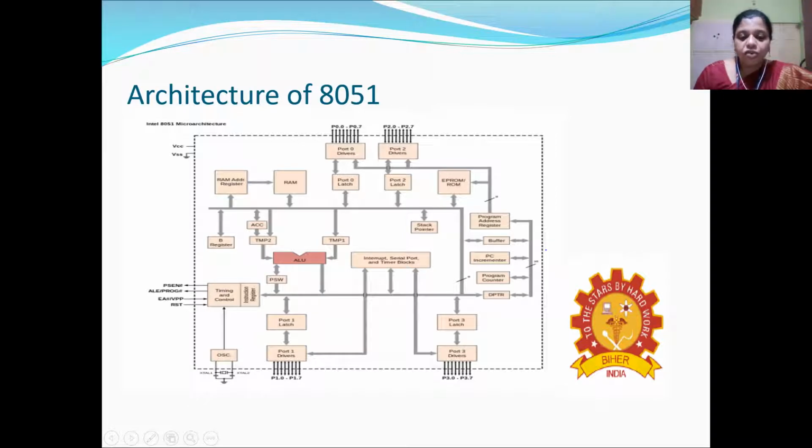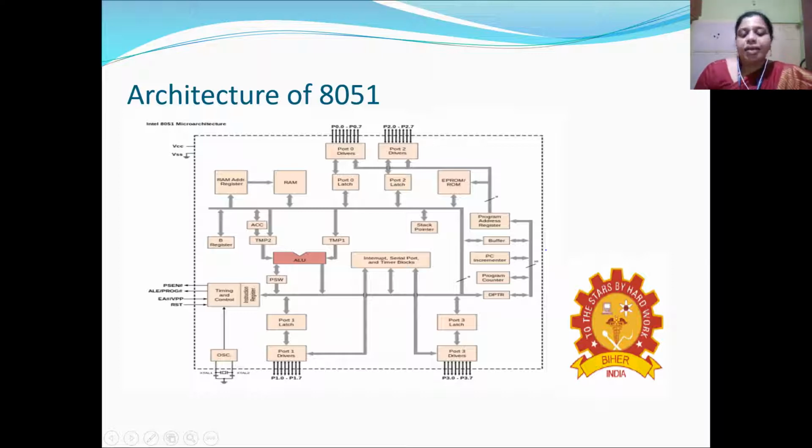And then we have the B register. From the registers, the data will be given to the ALU and the operations will be performed. The result of the operations will be reflected in the PSW, which stands for program status word.